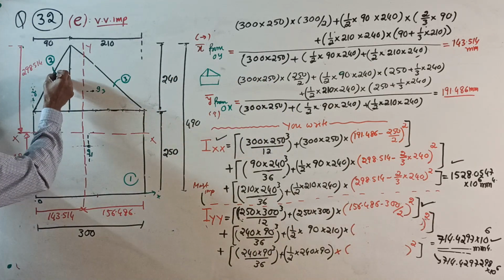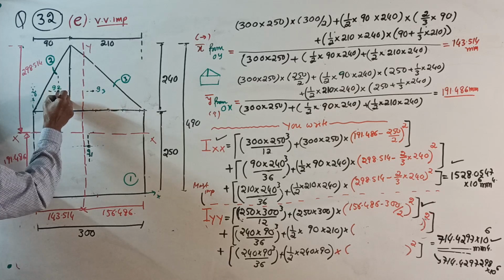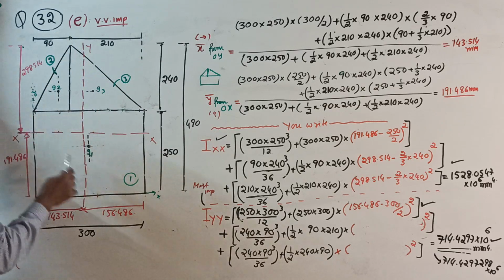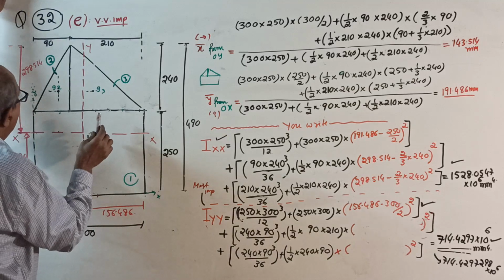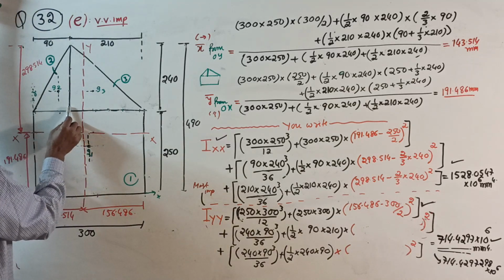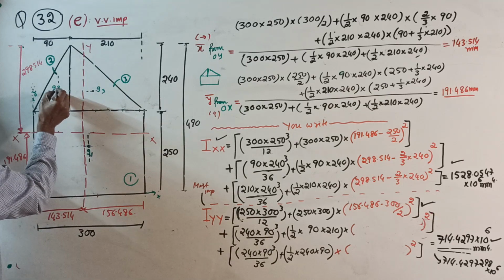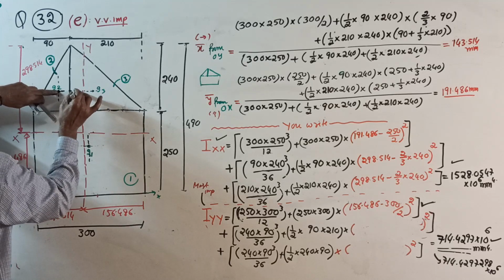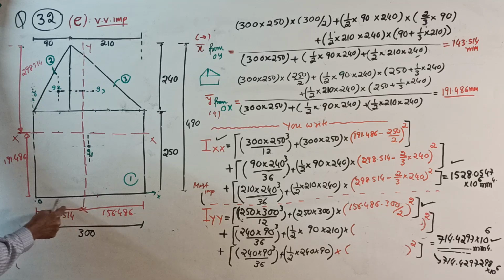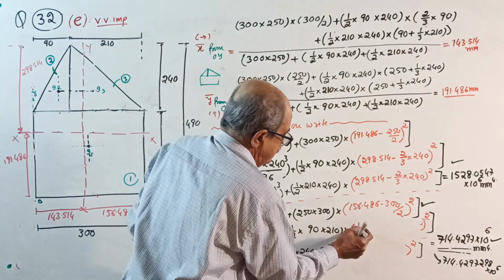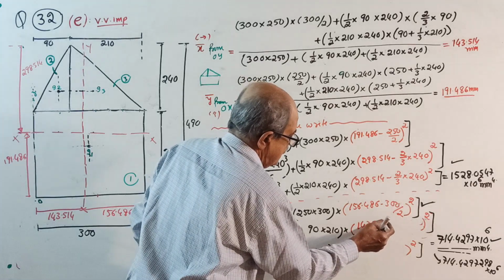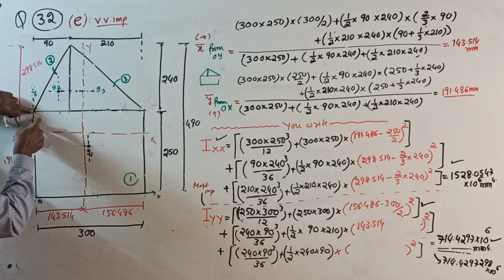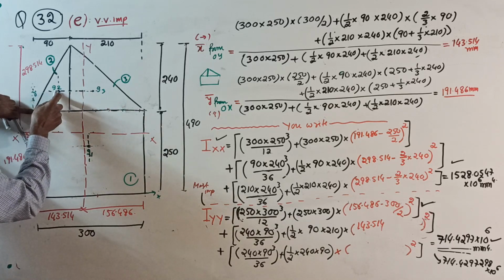Now come here. I about its own centroidal axis, parallel to Iy. Side is 240 into 90 cube by 36 plus area half into 90 into 240 into, see, from centroid G2 to Yy, this distance square is how much? 143.514 is from here up to here. 143.514, we want this distance minus this distance.